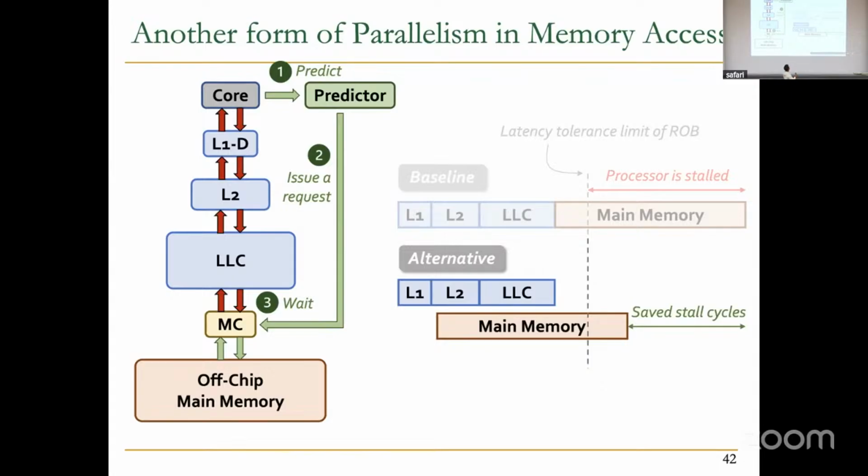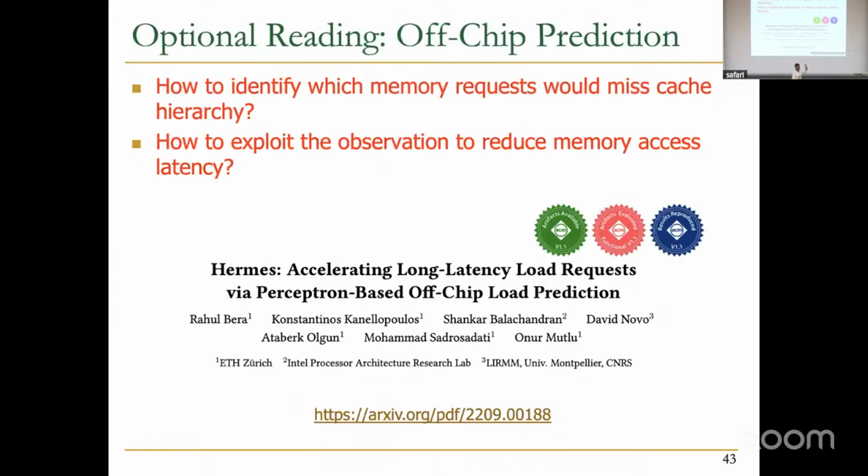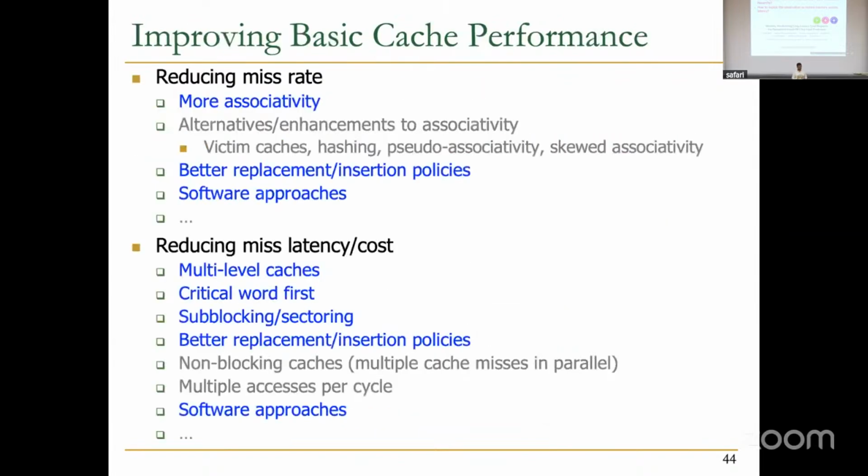But as you can easily imagine, these things would only work if you can speculate very accurately that this is going to miss the entire cache hierarchy and go to DRAM. So that's something that we did, and it has some flavor of a sophisticated prediction mechanism, which is kind of borrowed from machine learning, or classical machine learning. So if you're interested, definitely check out these ones.